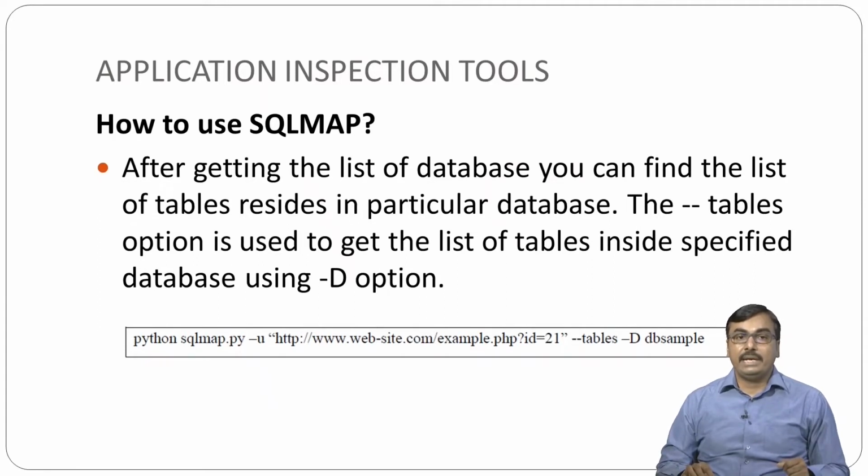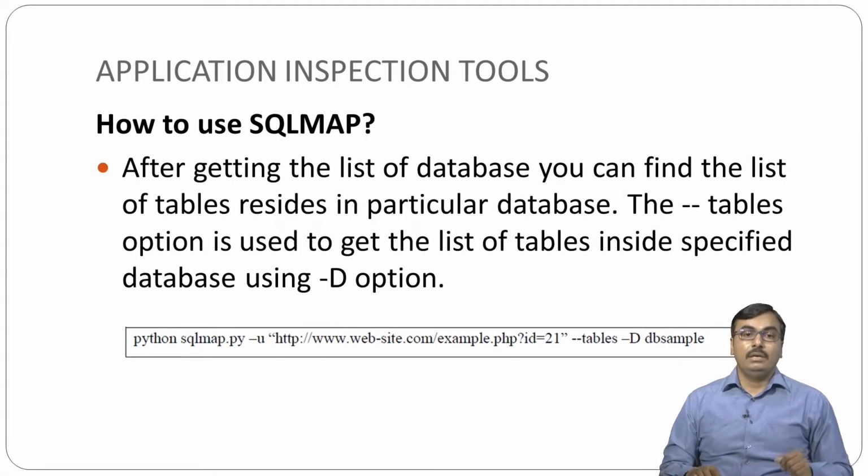After getting the list of databases, you can find the list of tables residing in particular databases. The --tables option is used to get the list of tables inside a specified database using the -D option.